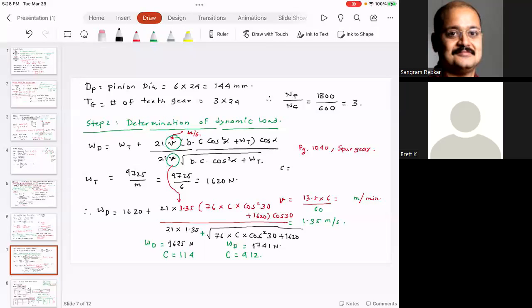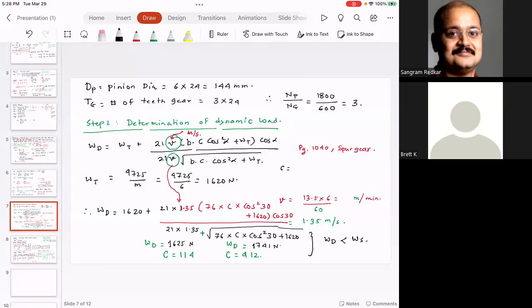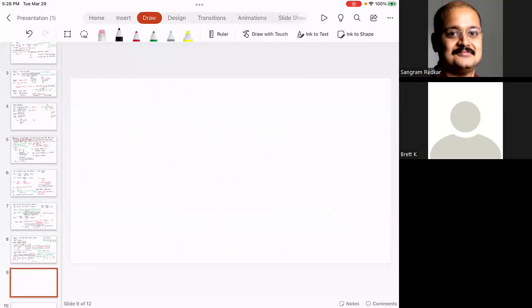Depending upon what error action you choose, you can have WD equal to 1645, or you can have WD as 1741. No matter what you choose, at the end, for the gear to be safe, WD must be less than WS. So what we want to do is find out WS in the next step.